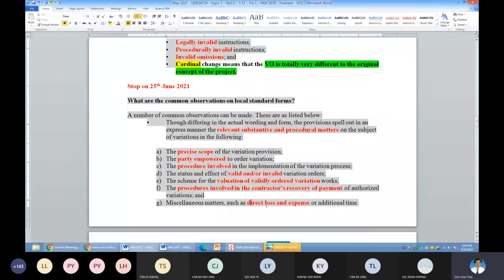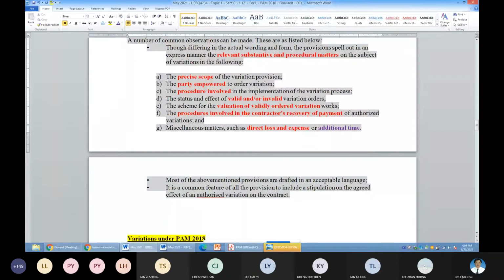And on top of that, sometimes the VO will give you the right for additional time. So these are the areas that you need to be careful. So from here you can see the language that is drafted in our PAM 2018.